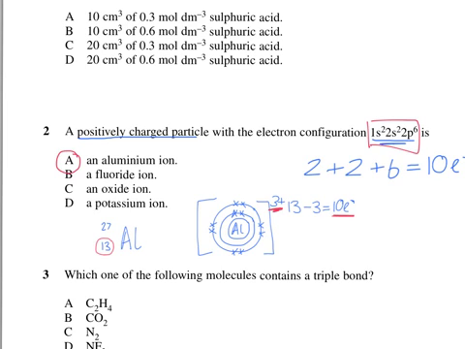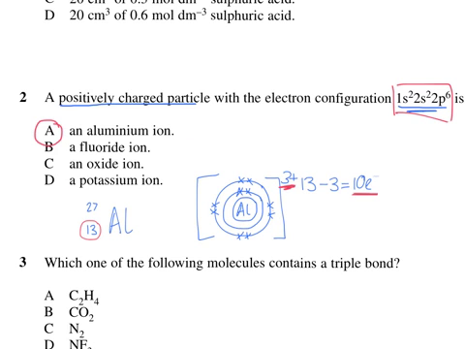Just to look at what it would look like with fluorine. Fluorine, if you look on the periodic table, appears like this, which means it has 9 electrons in the atom. But what happens with fluorine when it forms an ion, the fluoride ion?